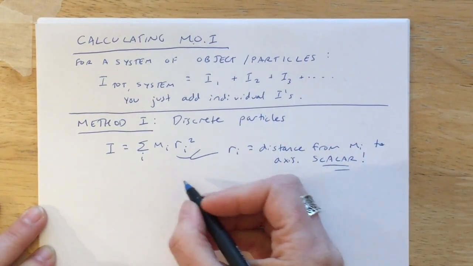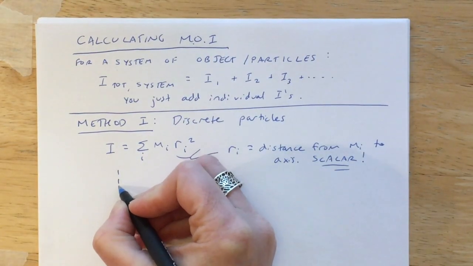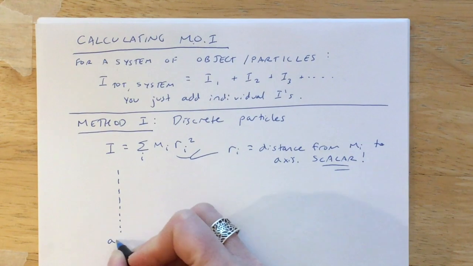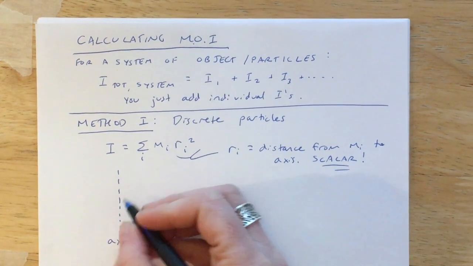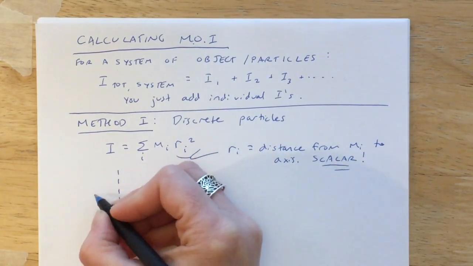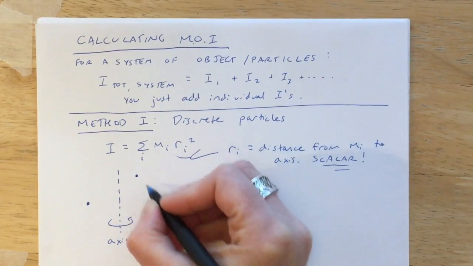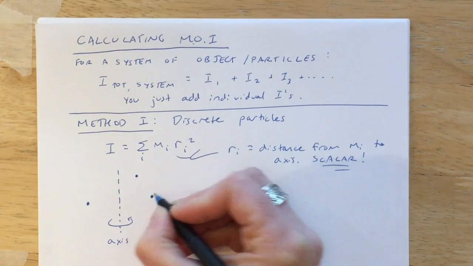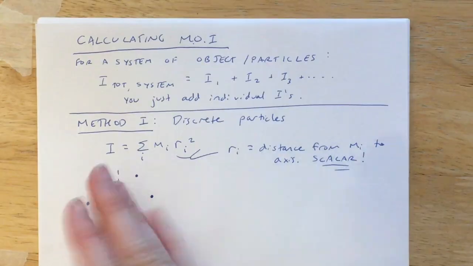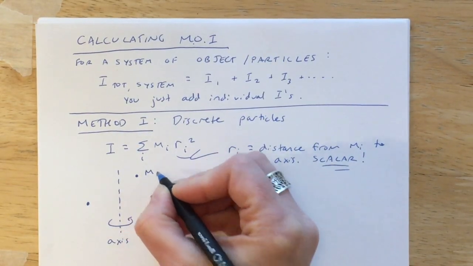And so for a system of particles, if I say draw out an example, here's my axis of, say, rotation. So things will rotate around the axis this way. If I just sort of draw a bunch of particles in this plane, in sort of random locations, you can imagine them kind of rotating around as so. And I'll label this one M1.